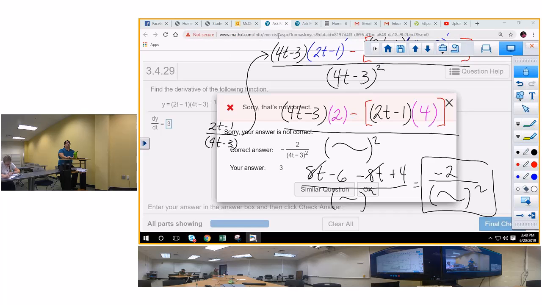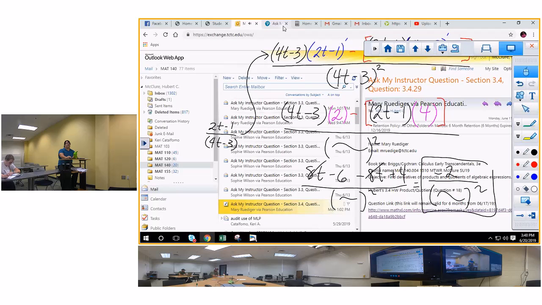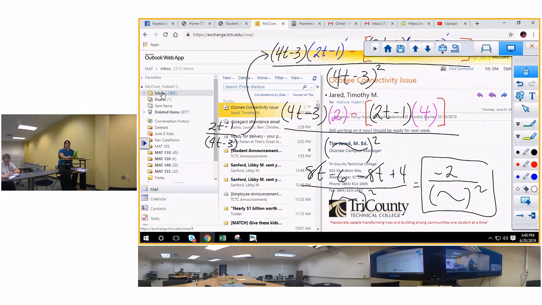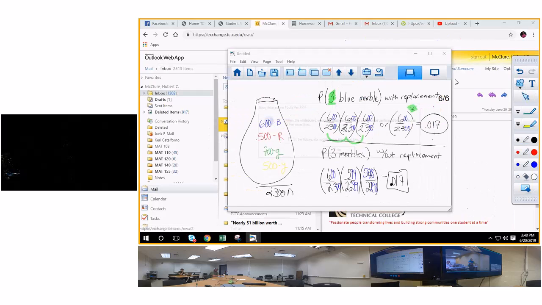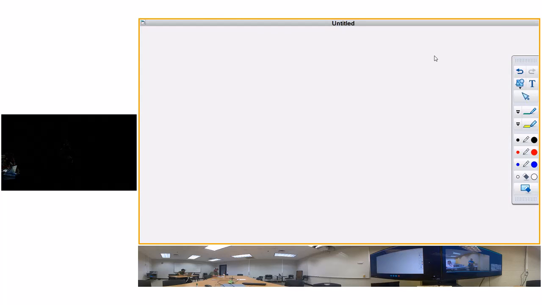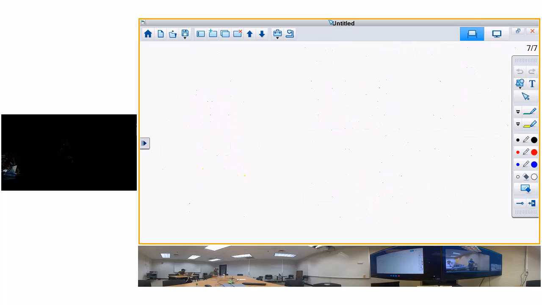Okay, now let's get to a little bit of new stuff. And this is 3.6, I believe. I'm just going to go to the whiteboard. Now, in this section, we're going to talk about how derivatives can be the context of the question, versus the first, second derivative and all that good stuff.